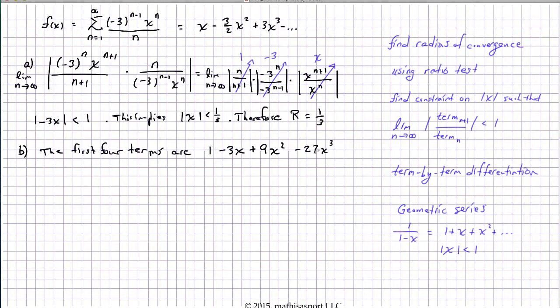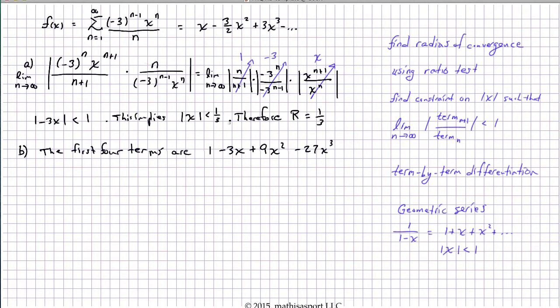And then they just want us to notice that this is a rational function. Well, for that we have to rely on the fact that a geometric series can be represented as 1 over 1 minus x.